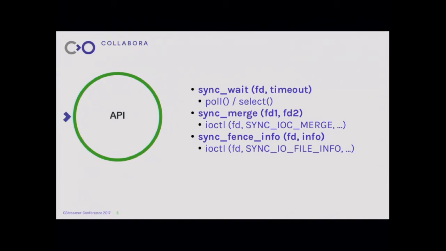I put the new IOCTL in the old function, but it gives you the list of all the fences that are being merged. And for each fence, you get the status, the timestamp of the last state change, and I think there's some counter in there. I got a blank, but mostly that.